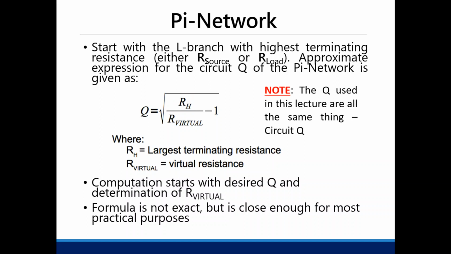So first, your computation starts with the desired Q, and with that, you determine your virtual resistance. But just a note that this Q is just an approximation. It's not exact, but it's close enough for most practical purposes.